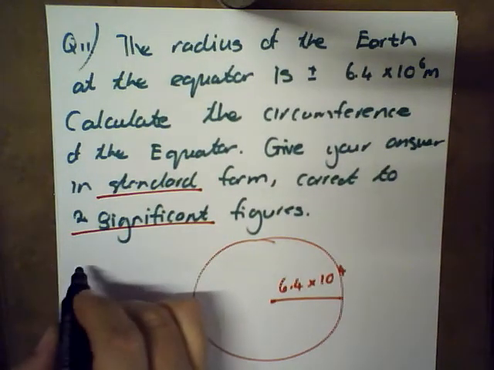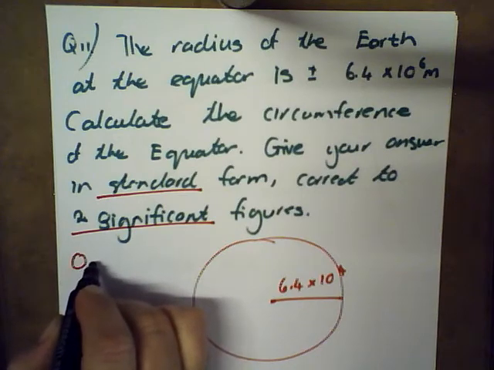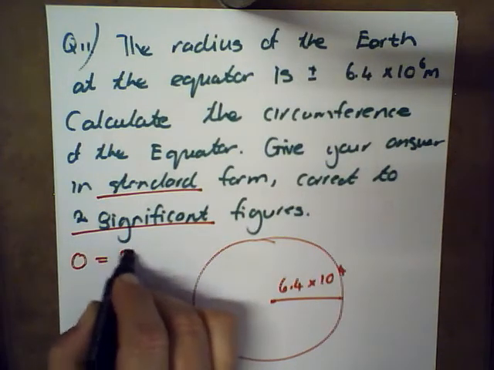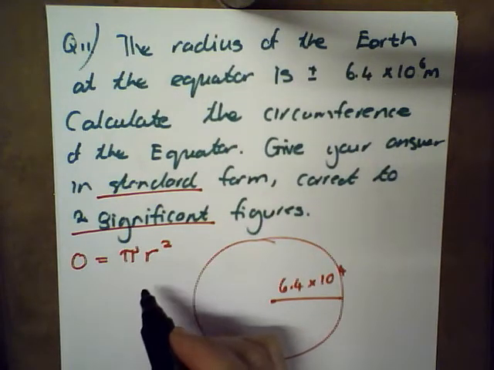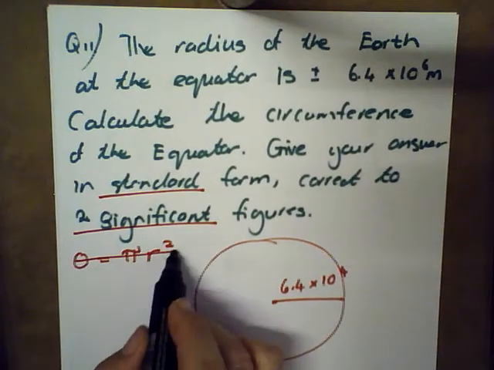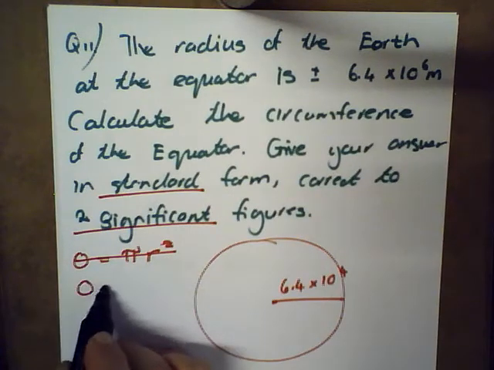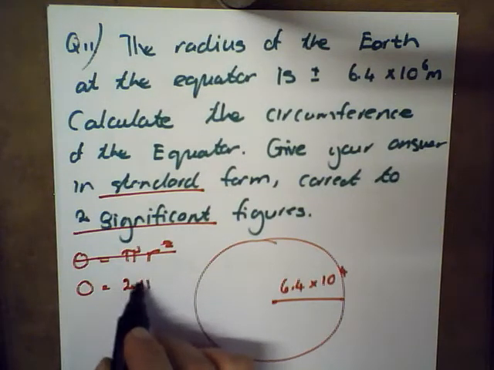Okay, so I know the circumference of a circle is pi radius squared. That's not right. That's not good. Okay, the circumference of a circle is 2 pi r.